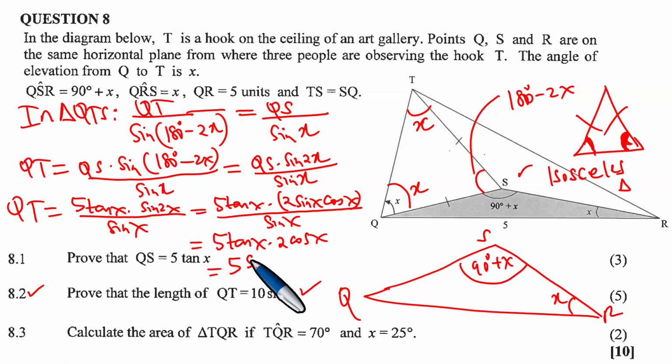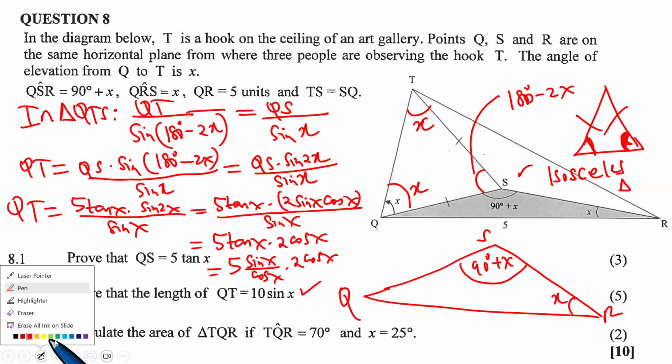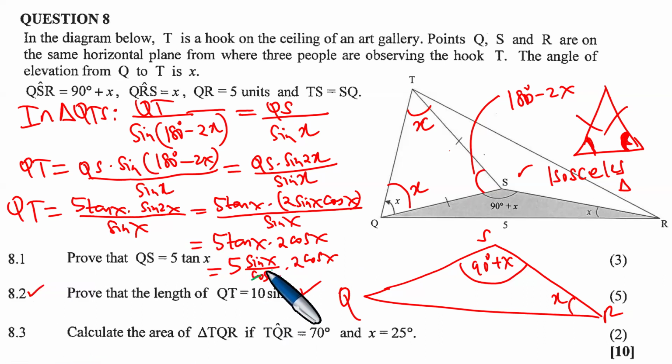What is tan x? Tan x is sine x over cosine x, times 2 cosine x. Therefore, the cosine cancels out. 5 times 2 is 10 sine x.